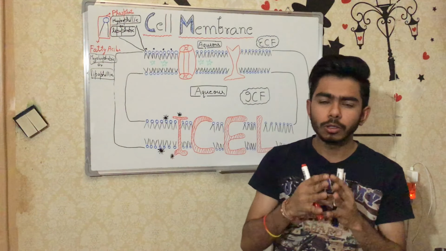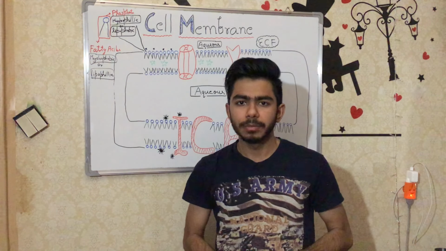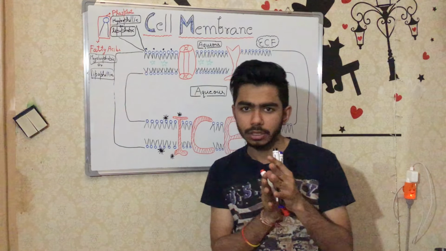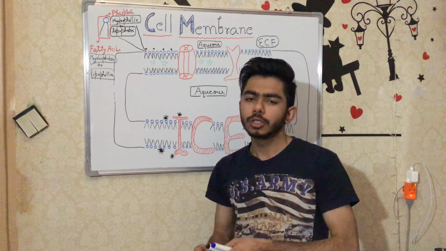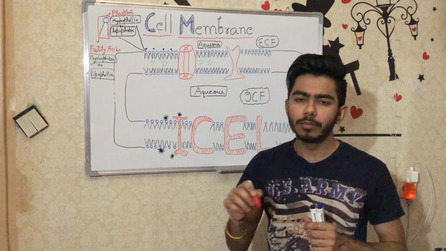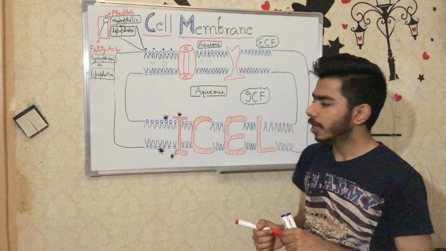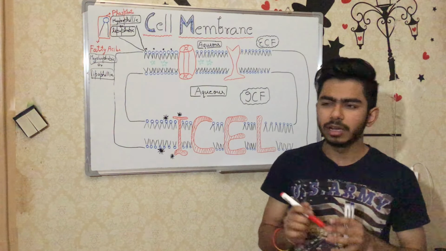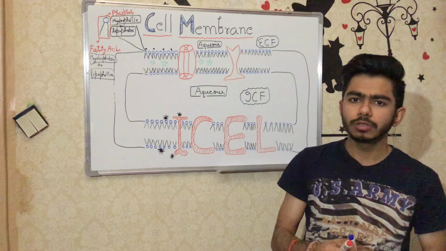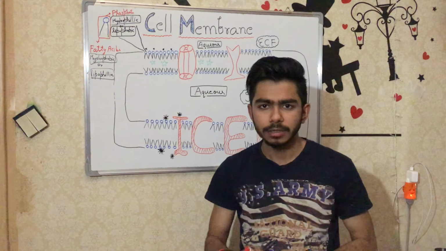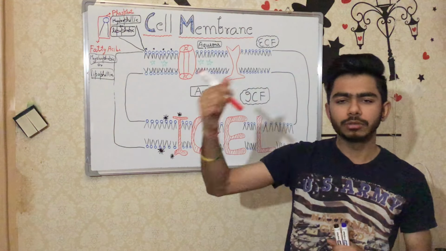This is also a phenomenon concerned with the fluidity of the cell membrane, because the cell membranes show the properties of mobility. That's why the cell is able to show exocytosis and endocytosis. Endocytosis is engulfing the substance from the outside, and exocytosis is from the inside to the outside.